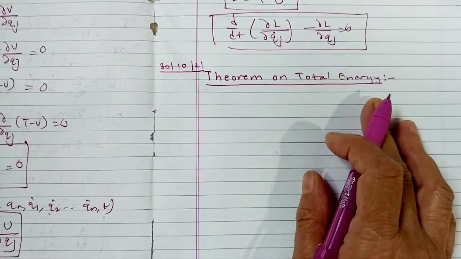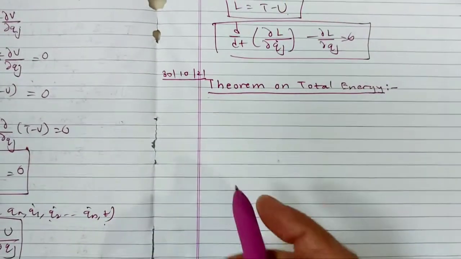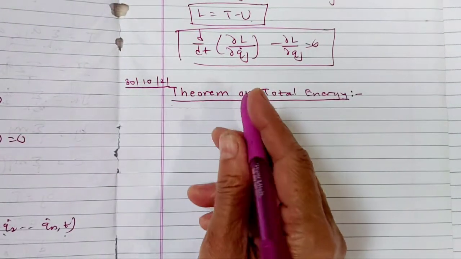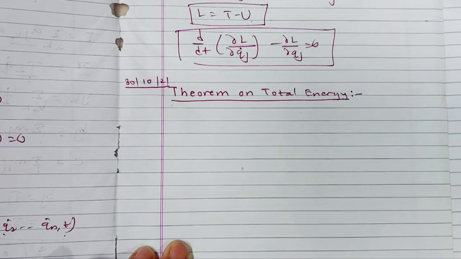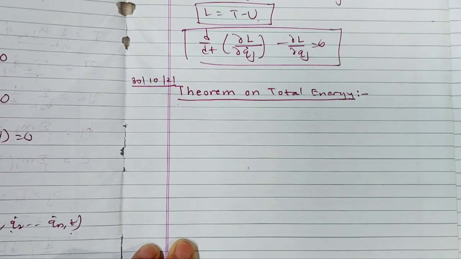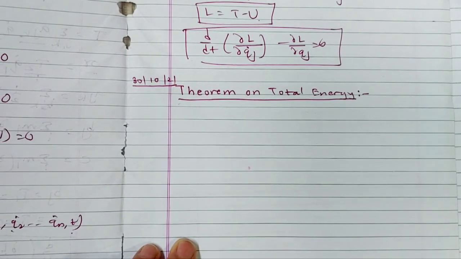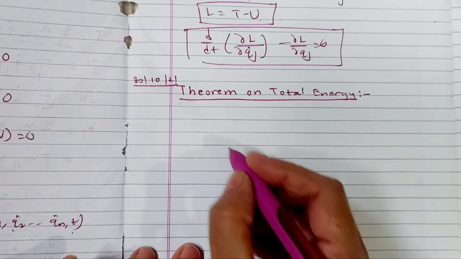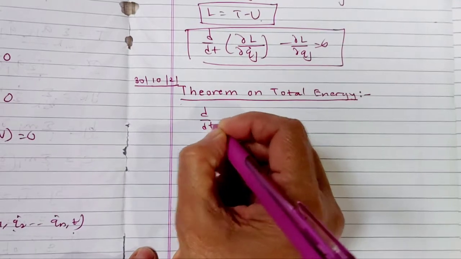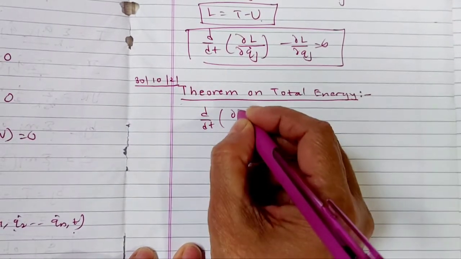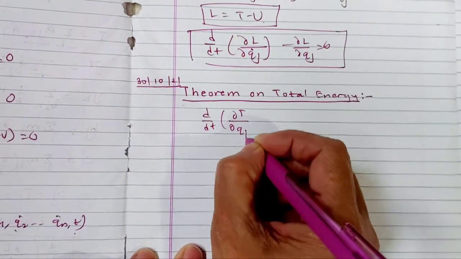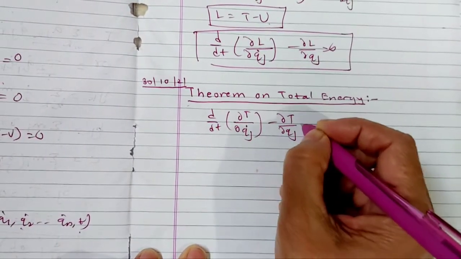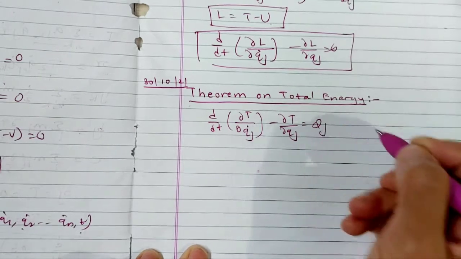Again, a very interesting topic, but everything depends on the earlier topic we just finished in the last video lecture. Here we will consider a system which is non-conservative. Now, non-conservative means what? d/dt of ∂T/∂qj dot minus ∂T/∂qj is equal to Qj.